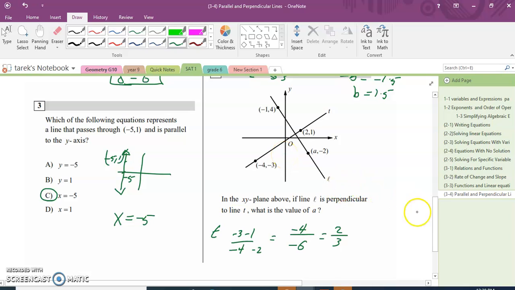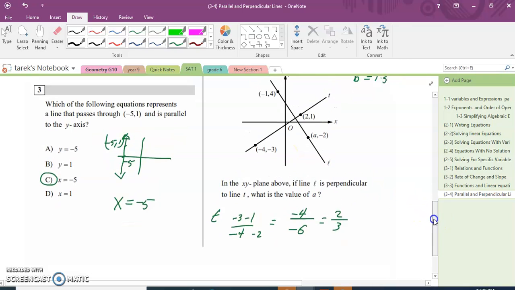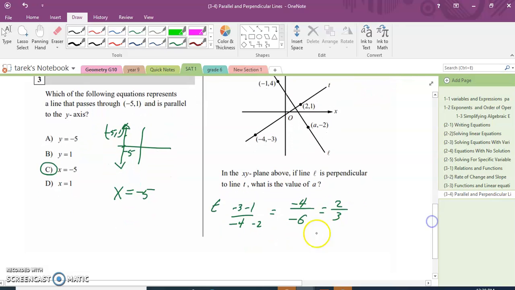What about the slope of the other line, which is L? y2 minus y1 means 4 minus negative 2, which means plus 2, over x2 minus x1, negative 1 minus a, which is 6 over negative 1 minus a.